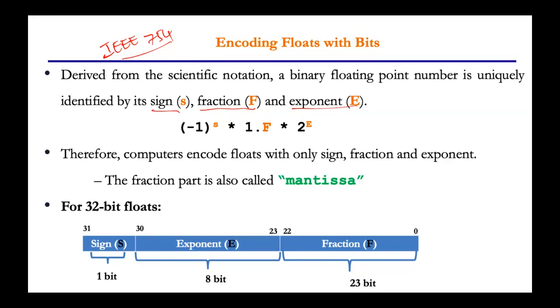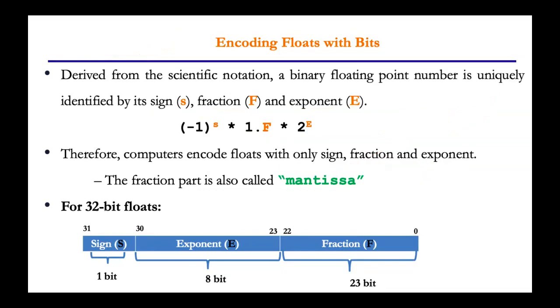So computers encode floats with only sign, fraction, and exponent. Whatever the fraction part is in a number, suppose 1.10001111 and something times 2 to the power of, suppose, 15, this fraction part we also call the mantissa.